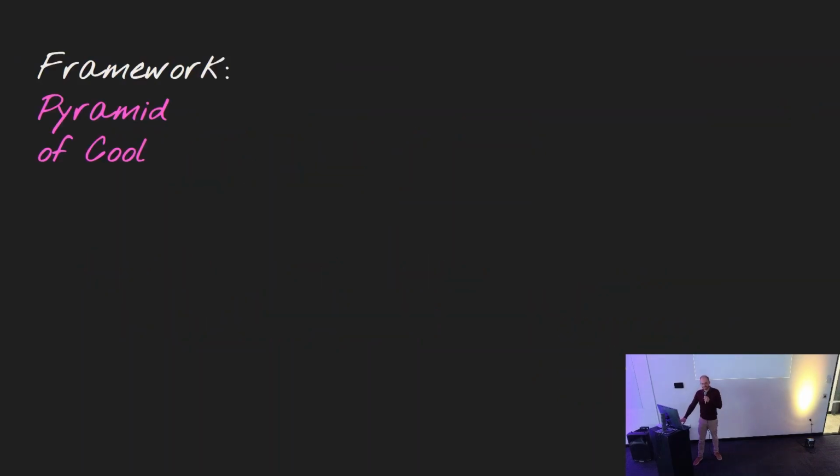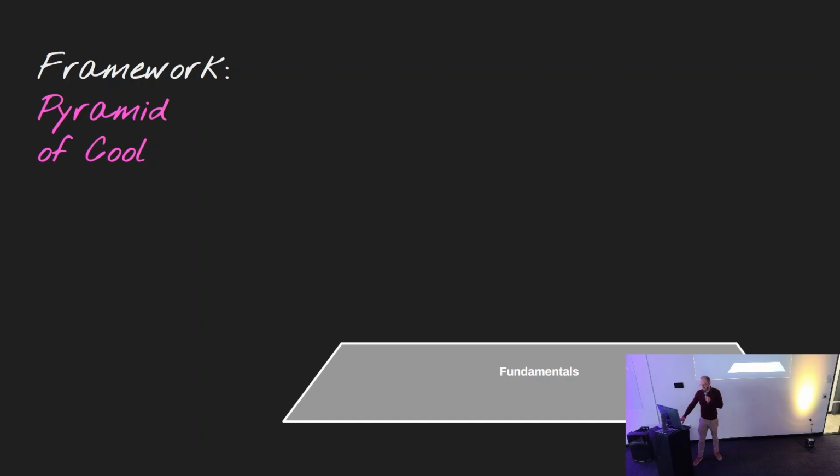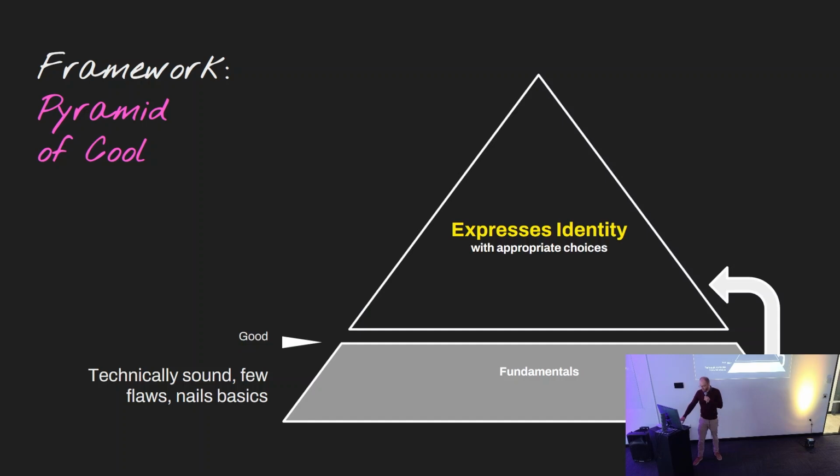To explain this, I made a little framework called the pyramid of cool. We start off with the base, the fundamentals. This is just your technical skills. If your UI is technically sound, then you can't really avoid that as a good basis. If you don't have that, you are going to run into those frustrations I mentioned before. That gets you to good.